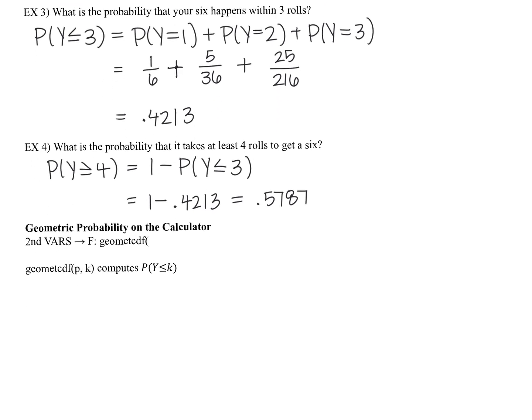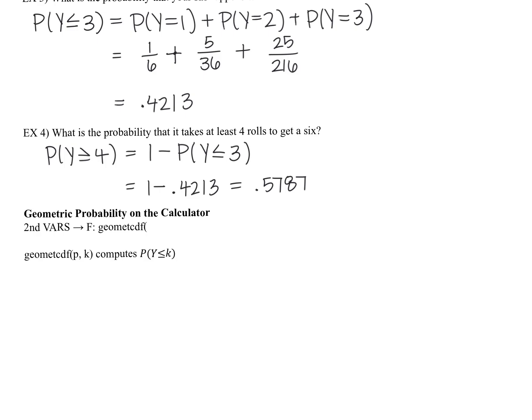So just like you can do a binomial inequality on the calculator, you can also do the geometric inequalities on the calculator. So if you go to second vars and then you go to the letter F, that's Geomet CDF.